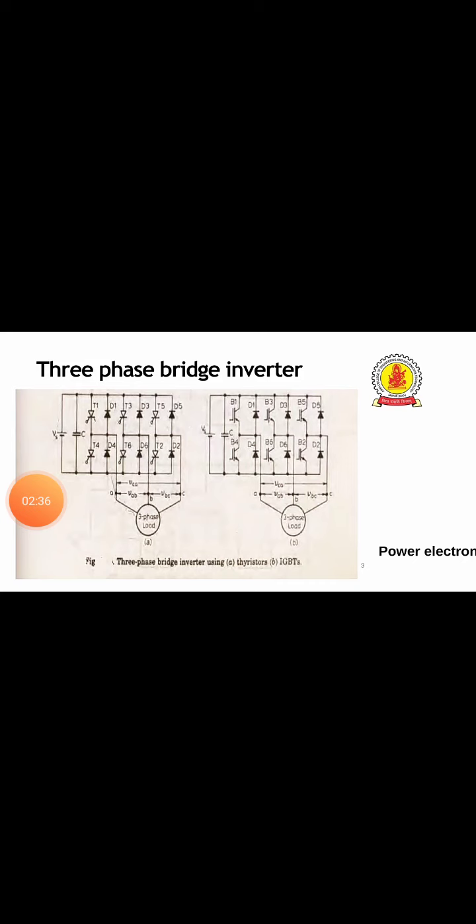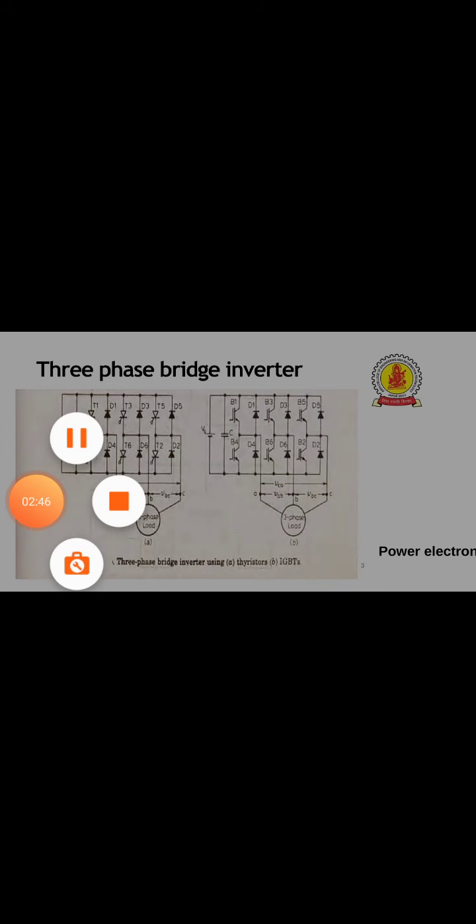To get the 3-phase voltage waveform, 360 divided by 6, so each step is 60 degrees.